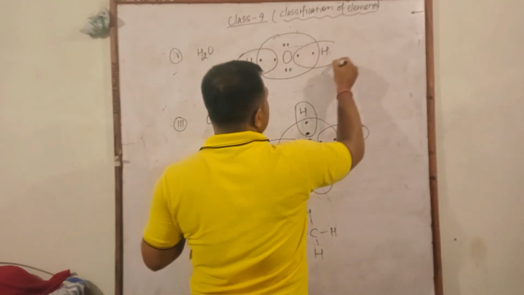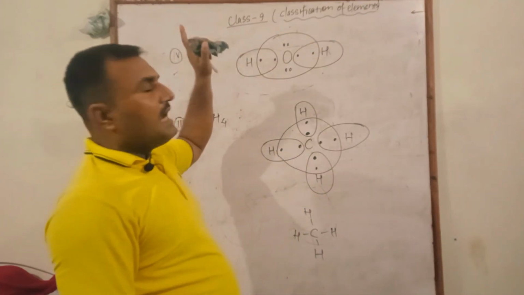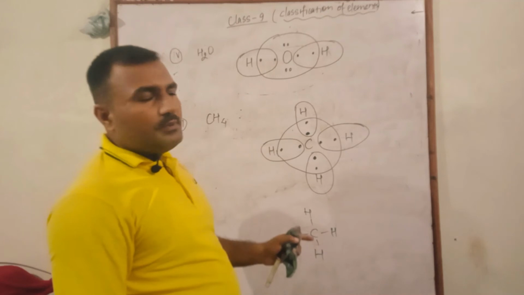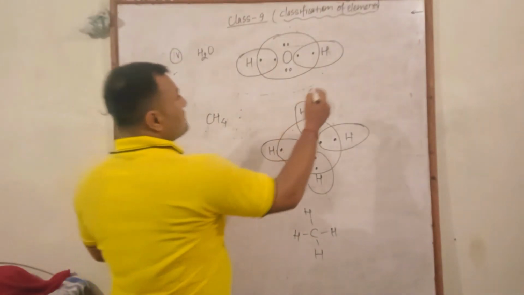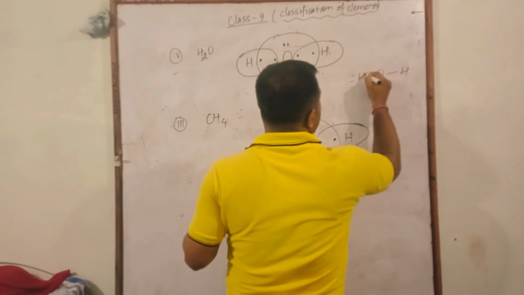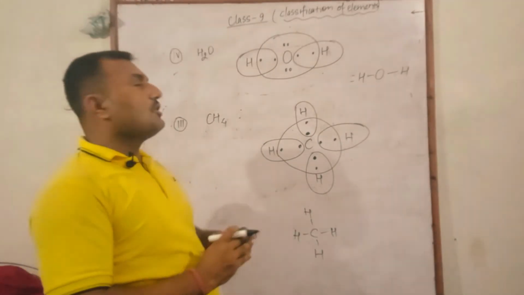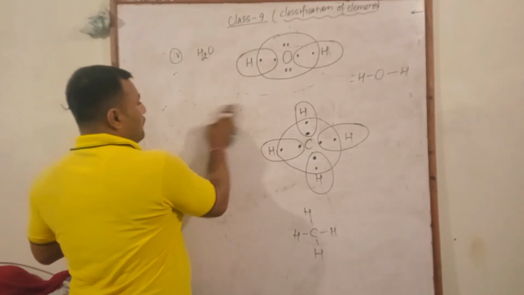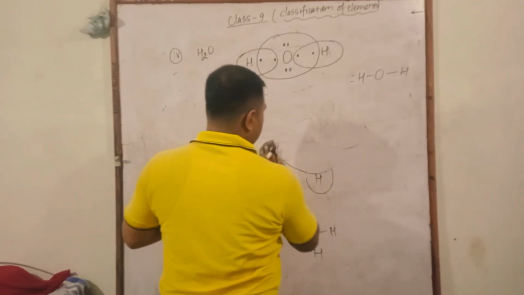In this way, hydrogen's duplet gets fulfilled and oxygen's octet gets fulfilled, which is known as the O-H chemical bond, or water molecule. In this way, we can draw the covalent bond present in covalent molecules.